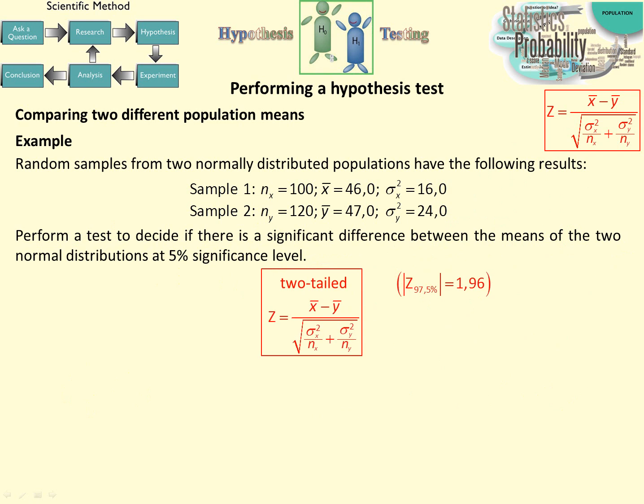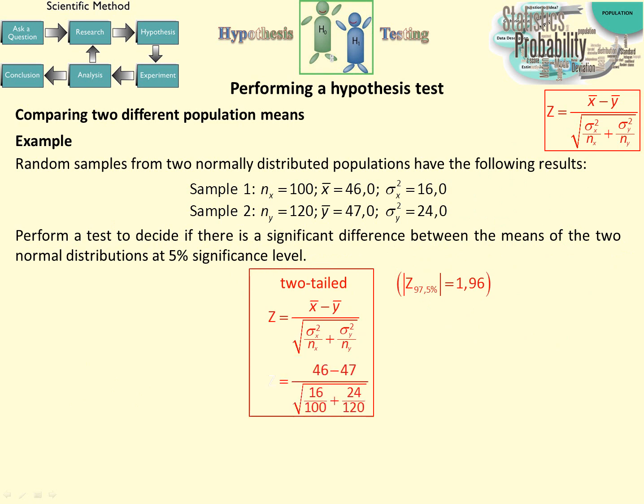We're going to apply our formula. Remember, our x minus y went, our averages went because they're supposed to have the same. There's no difference, it says. There we substitute in to get negative 1.67.